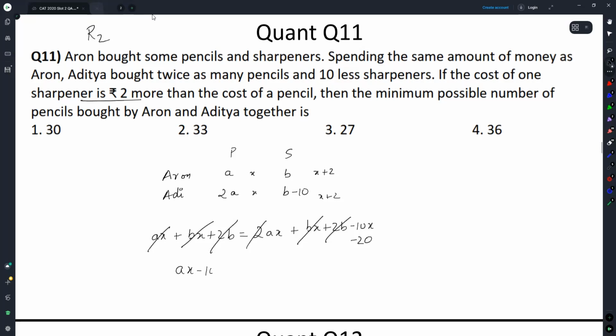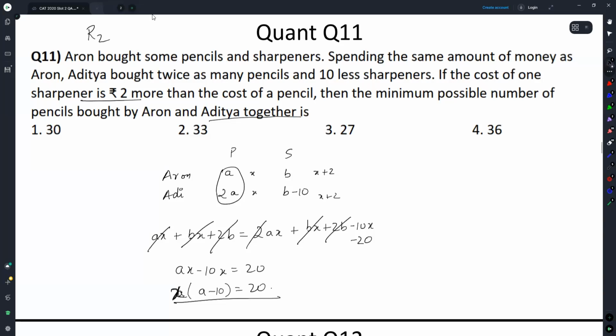So ax minus 10x is equal to 20 we have reached. Take x out, so a minus 10 is equal to 20. Then the minimum possible number of pencils bought by Aaron and Aditya, I have to minimize 3a, so I have to minimize a. So what can we keep to keep a minimum?